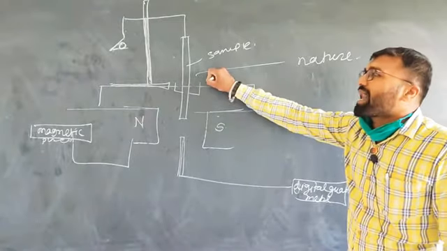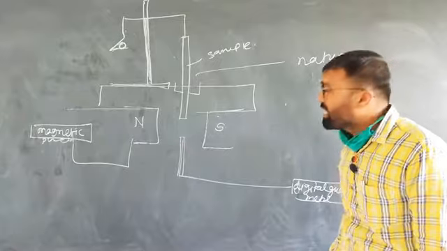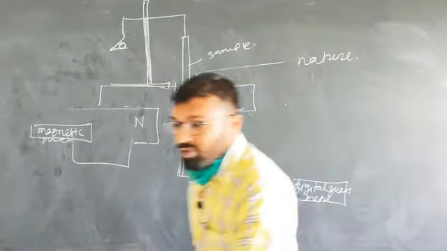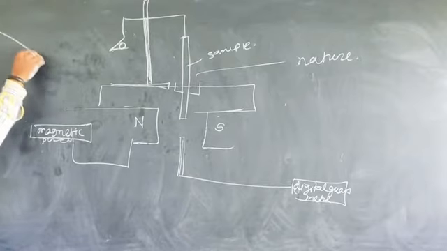If the material is paramagnetic, it will be attracted strongly by the magnetic field. If it is attracted strongly, then the position of the needle changes like this.